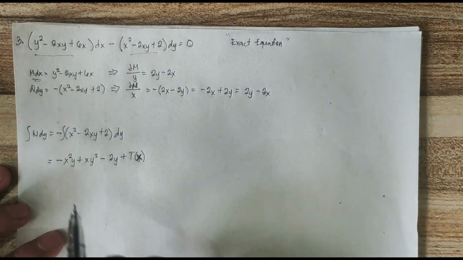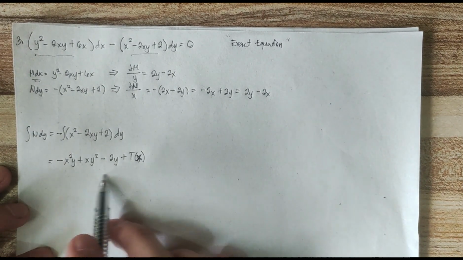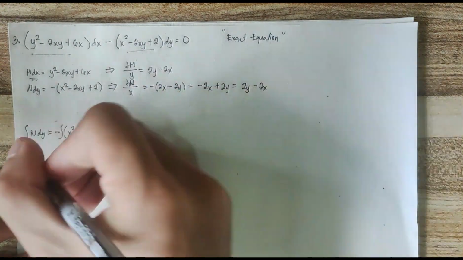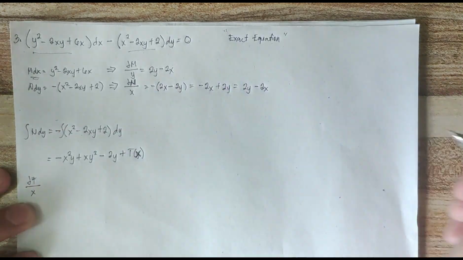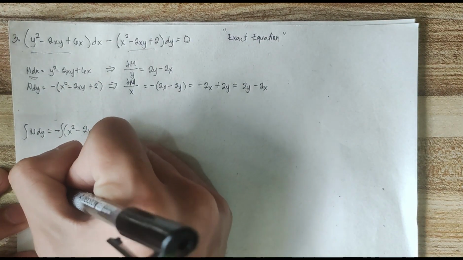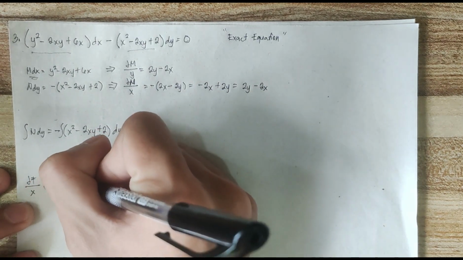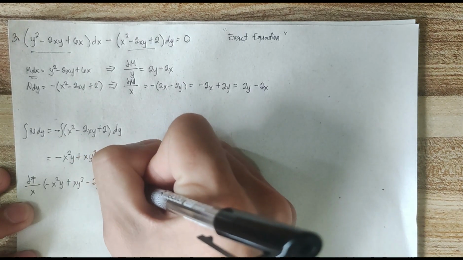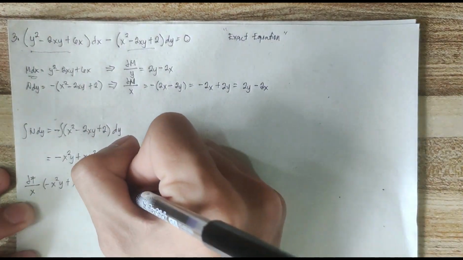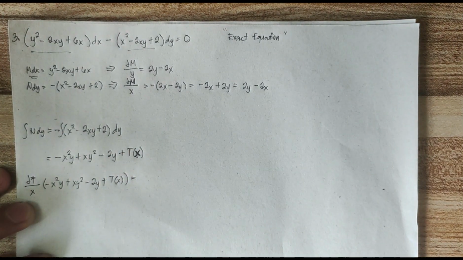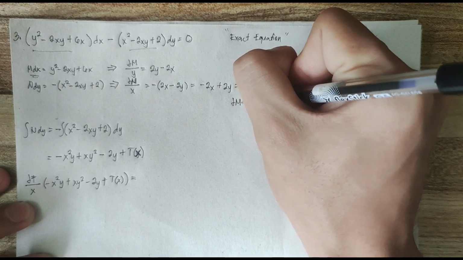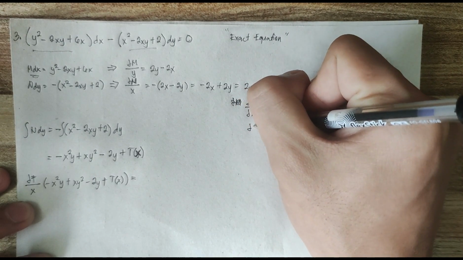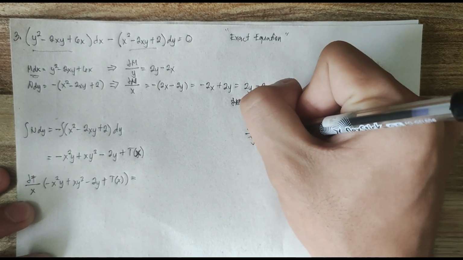So after that, we need to find the partial derivative of this function in terms now of x. So the partial derivative of this function in terms of x, for this one, negative x squared y plus xy squared minus 2y plus T of x, is equal to... first we need to find the partial derivative of f in terms of x and the partial derivative of f in terms of y.